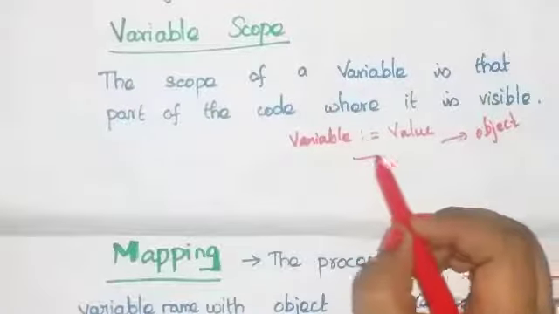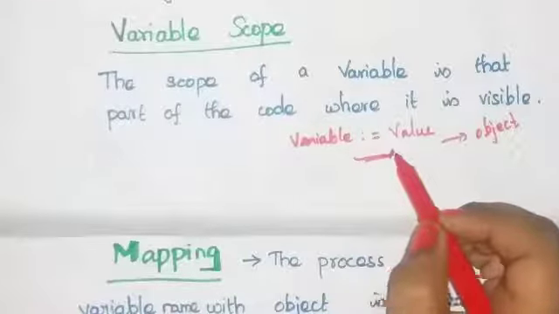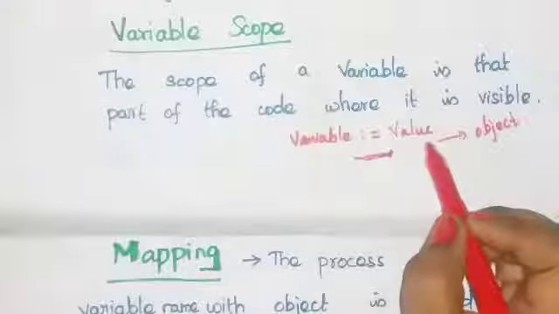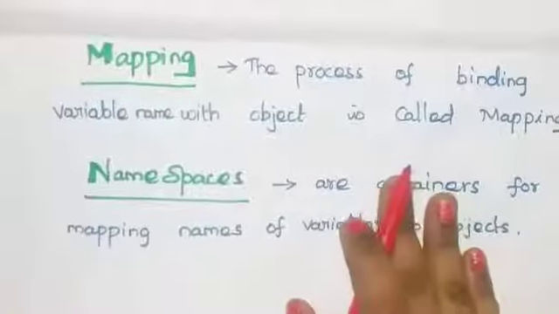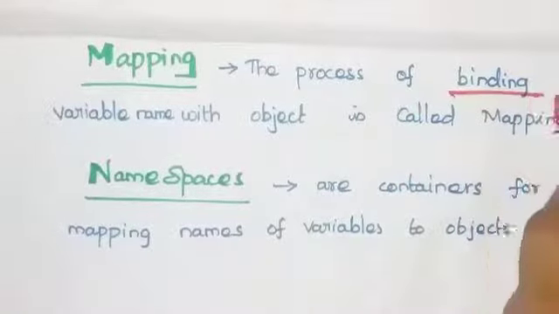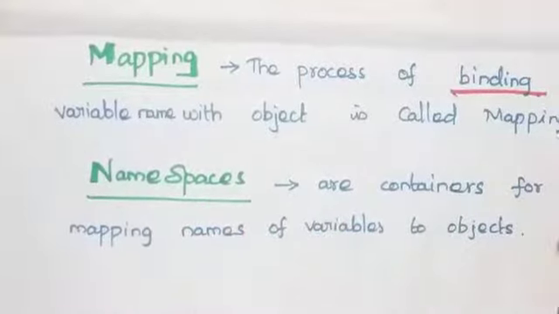Here we have written the equal to sign. This sign is mainly used in programming languages to map the variable and the object. So what do we mean by mapping? The process of binding a variable name with an object is called mapping.